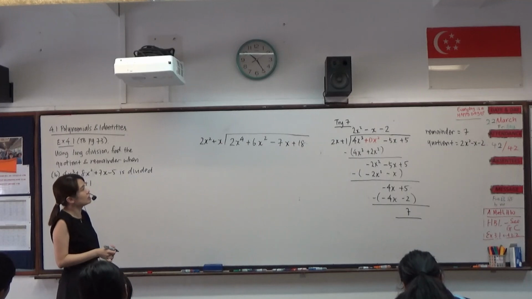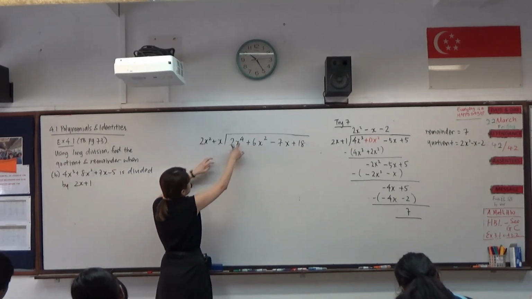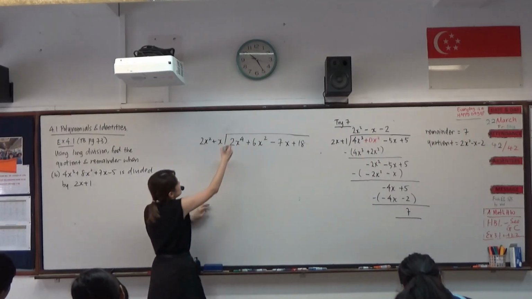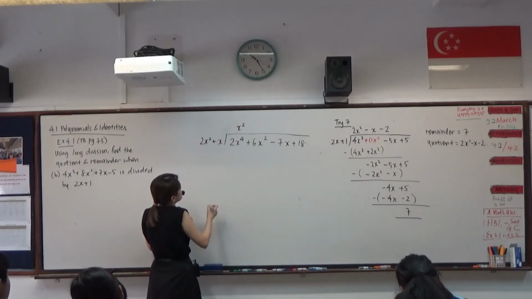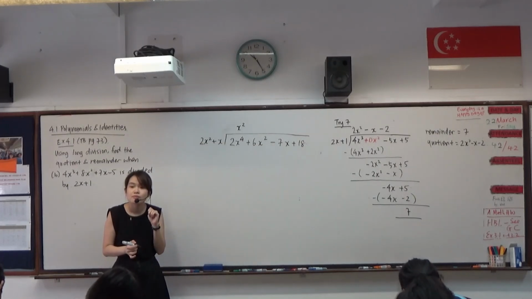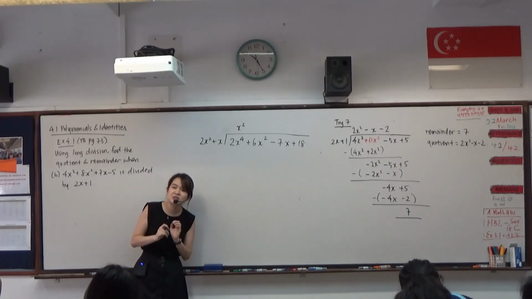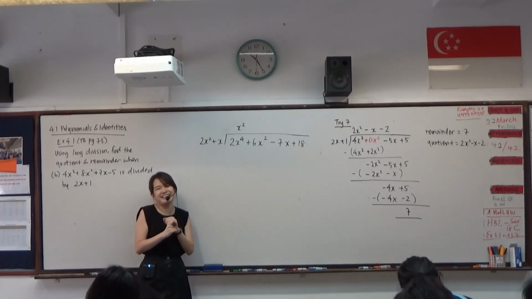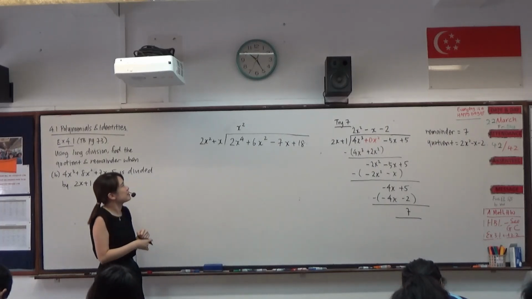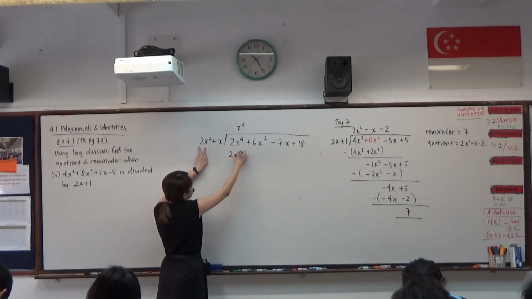Okay, so how will the long division look like? 2x to the power of 4. How do I get rid of this? What should I multiply over here? X squared, right? You should simplify that first. So x squared times 2x squared gives us 2x to the power of 4.